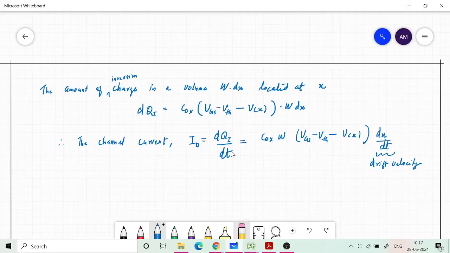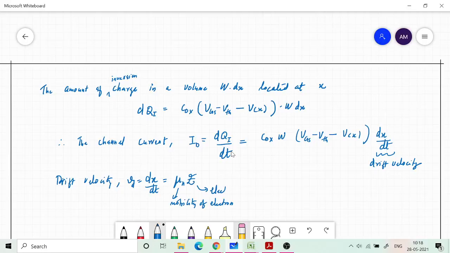Now drift velocity appears because of the electric field there. So we can write drift velocity as Vd, which is defined here as dx by dt, and it is equal to a quantity called the mobility of electron multiplied by the electric field.